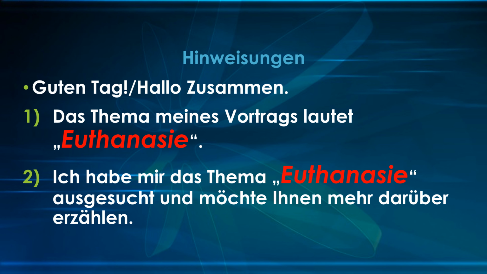For example, if you are given a topic like Jugendliche in der Regierung, then you can say, "Das Thema meines Vortrags lautet Jugendliche in der Regierung." Or perhaps if it was fit bleiben, you can also say, "Ich habe mir das Thema fit bleiben ausgesucht und möchte Ihnen mehr darüber erzählen." Then you will have nailed the introductory part.